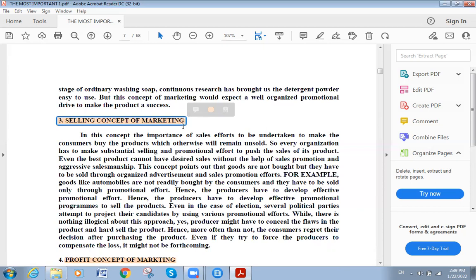Now, in this time there started to be a slowdown in the demand for the products in the market. For that reason, we found that in this time the supply was greater than the demand.